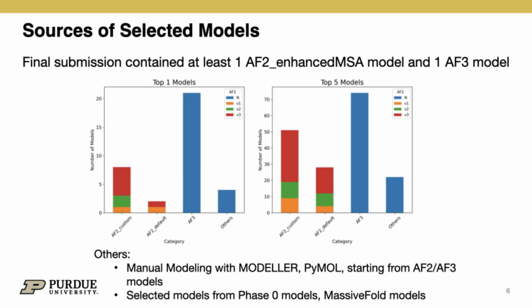Then for top 5 models, we have more AlphaFold 2 custom. So when we selected 5 models in discussion, in the afternoon discussion every day in summer, we selected an AlphaFold 3 model at least once because, well, we cannot ignore AlphaFold 3, because on the paper it has some gain over AlphaFold 2.